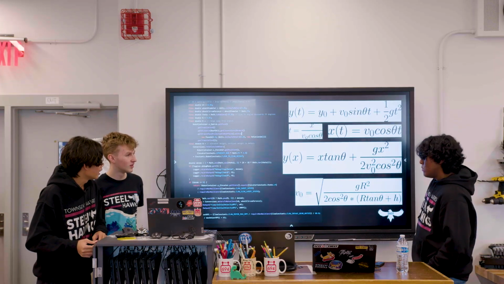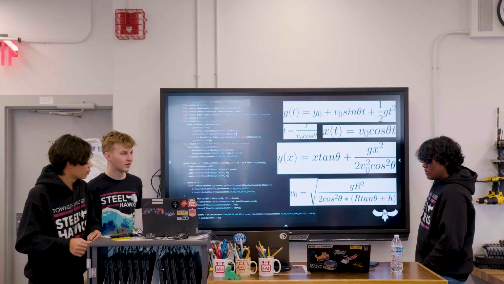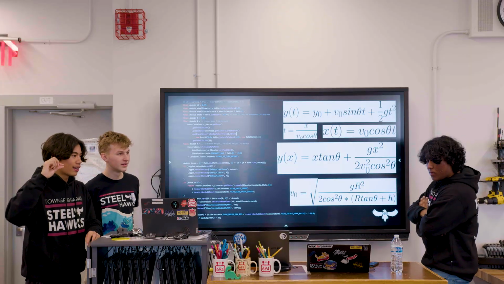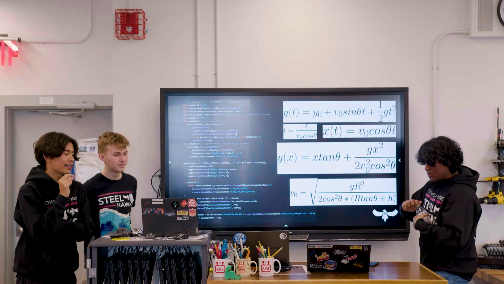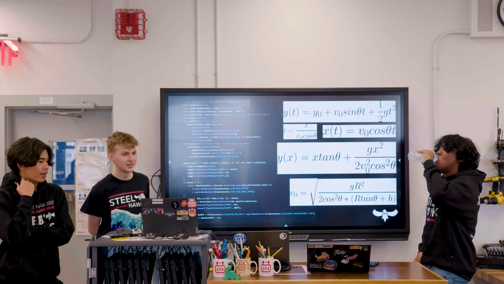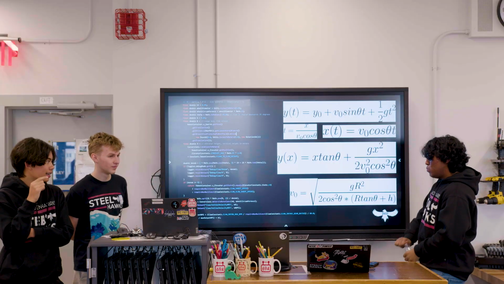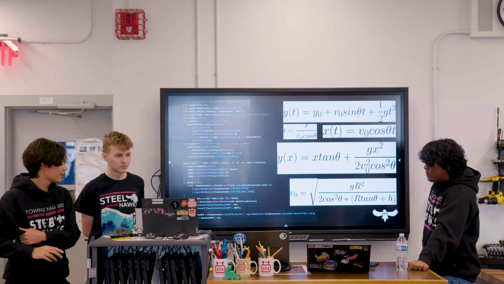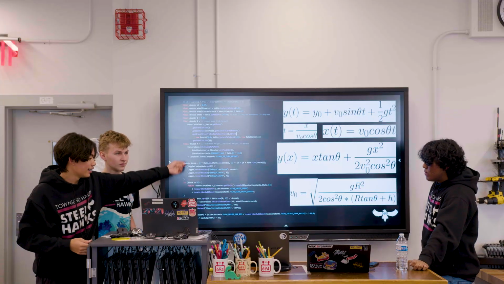The way we solve for H is we find how high our elevator is from its original position, and then we add the distance that the claw is from the floor, which is this constant.